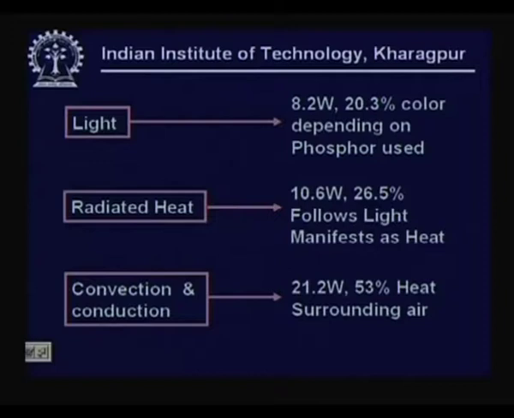Around 27% gets radiated as heat which goes along with the light, and about 53% is by conduction and convection. So, if we have a small difference in the temperature between the temperature of the bulb and the ambient, there will be less scope for conduction and convection.